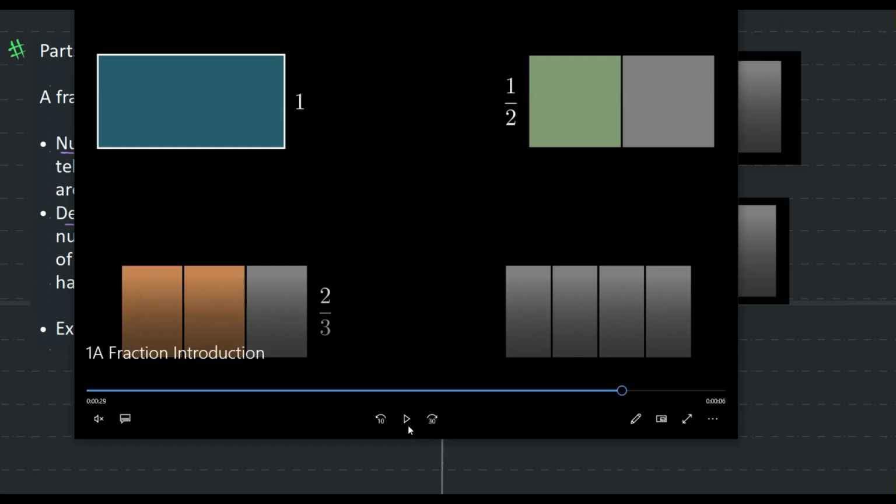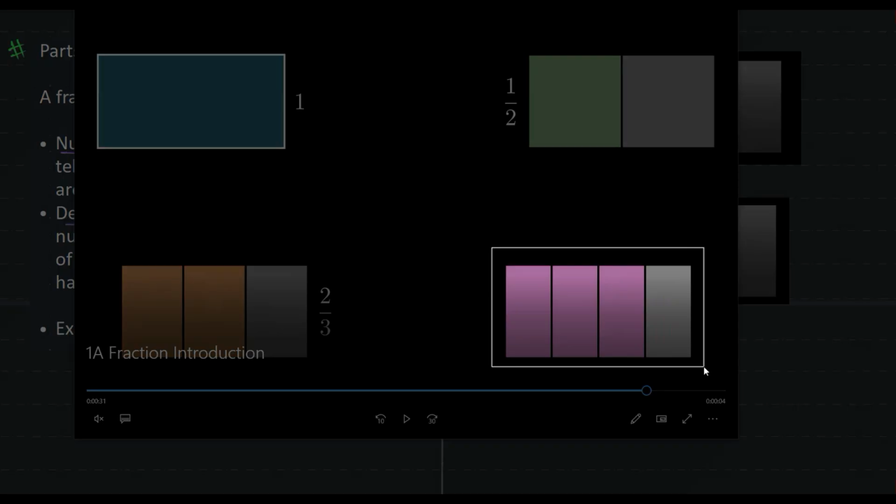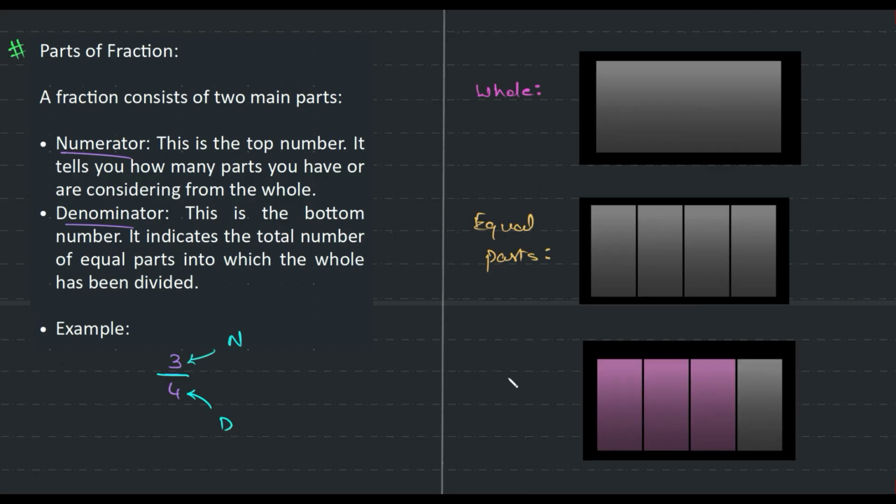Say it's my birthday and I want to eat the majority of the cake, so I don't want to give any to my brother or sister. I happen to get 3 parts of the entire thing. So there are 4 parts, and I got 3 parts. How do I communicate this? I have 4 parts, right? Remember, the denominator indicates the total number of equal parts.